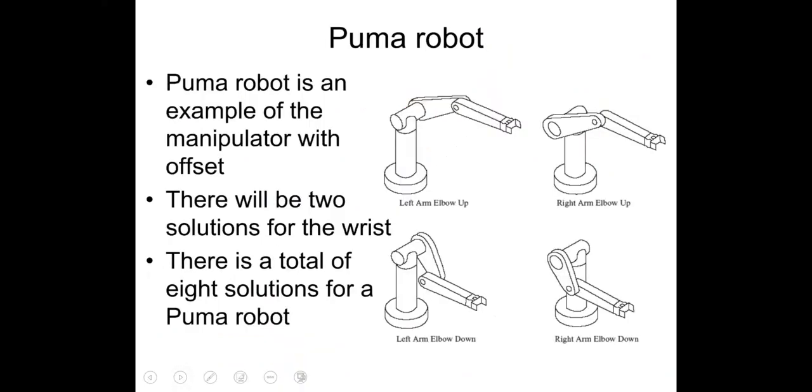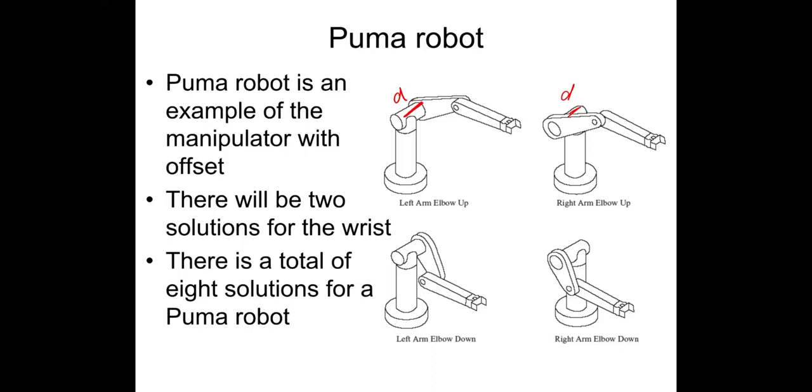Now we take a look at this Puma robot. This Puma robot is an example of the manipulator with offset, so we have the offset D. This is a left arm configuration, and this is a right arm configuration.